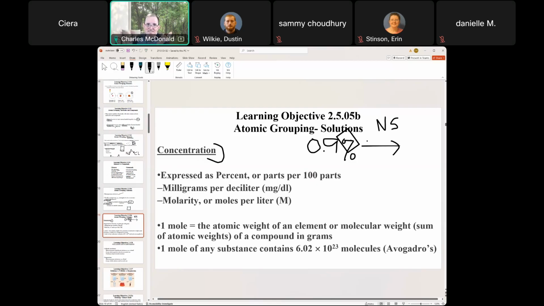There's lots of ways of talking about this concentration. Milligrams per deciliter, that's what they usually do with blood sugar, with glucose. We know about 100 is a pretty good normal if you're not in the fasting state. You can also do it in molarity, or moles per liter. That's kind of a technical thing. Can't see us doing a whole lot with that.